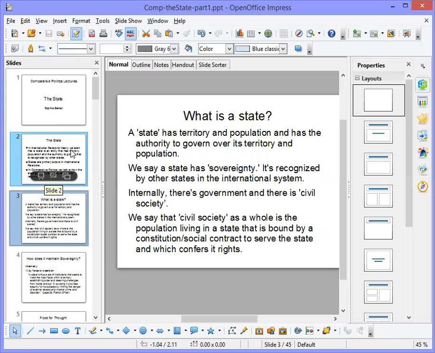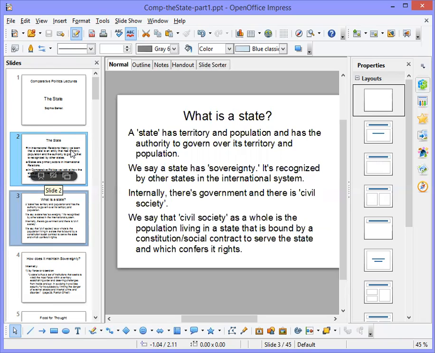We say it has sovereignty, but we also say something is governing it. So there must be a government, something which has the authority, which is basically the physical entity that has the right to govern, okay? But we're not yet talking about what exactly the state is, and we will in a minute.